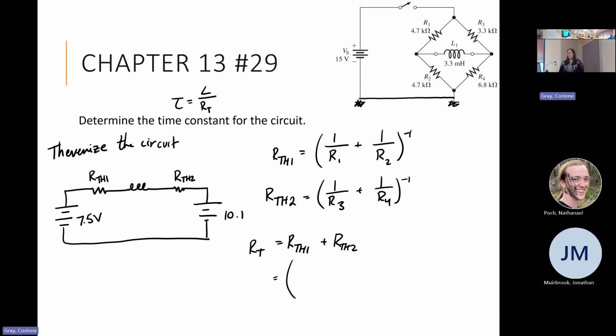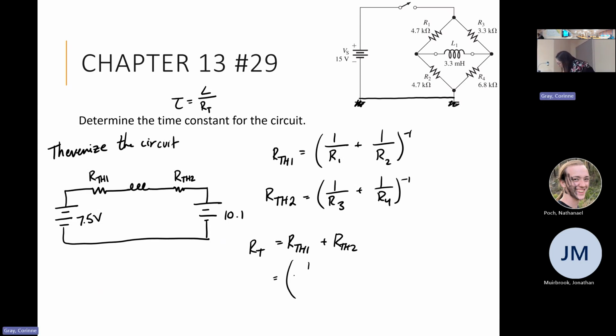Both methods work out the same way. Just because I don't want to write out times 10 to the 3 every time, we're just going to do it in ohms, and we'll switch it over to kilo ohms at the end, or out of kilo ohms into ohms at the end.